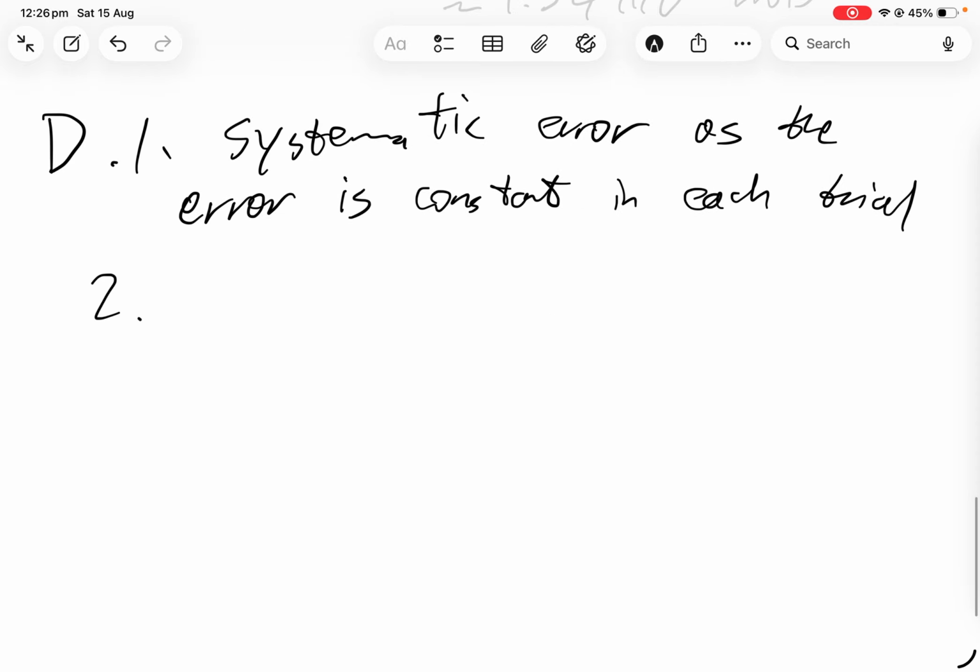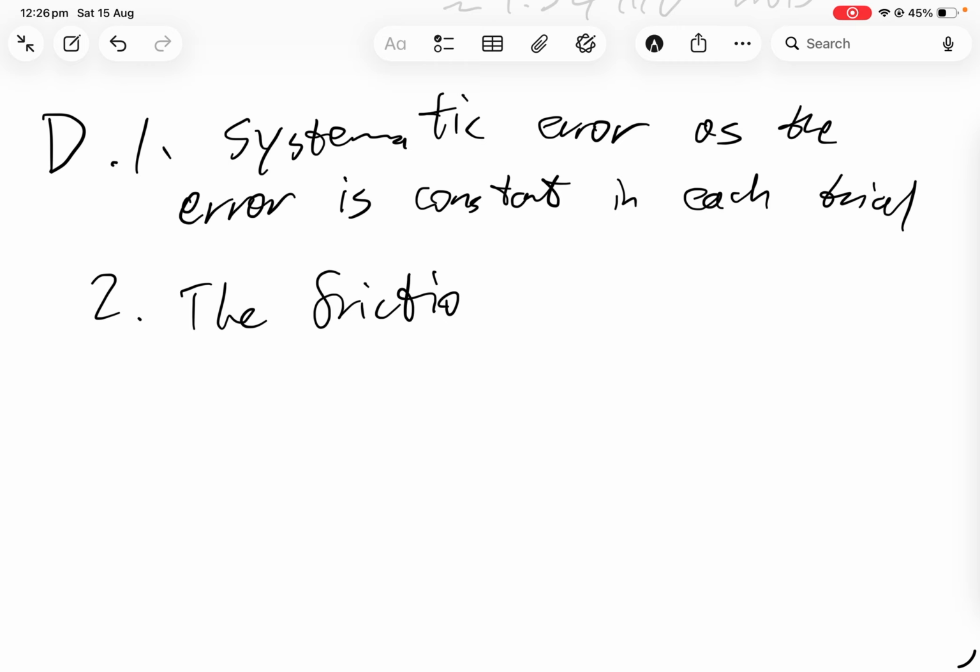And for the second question, it says explain exactly how the friction will affect the volume reading recorded in the data table. So basically what happens is the friction will oppose the expansion in volume of the air particles, so the volume recorded will actually be smaller than the actual value it should have expanded to. So we're just gonna write that.